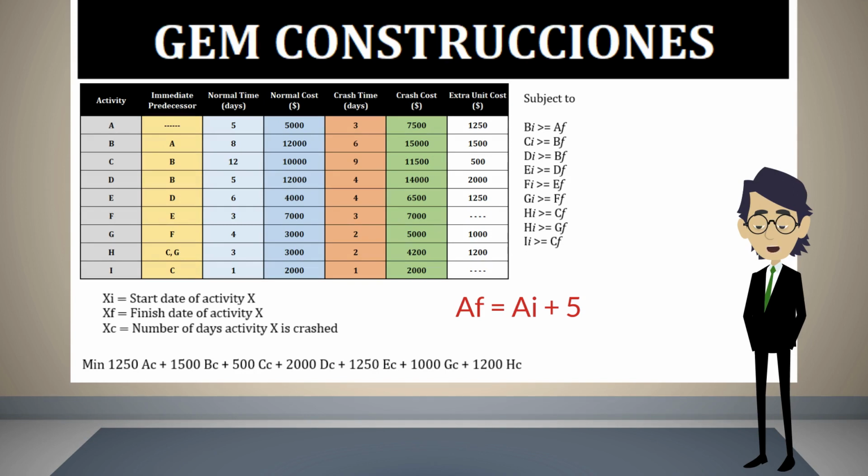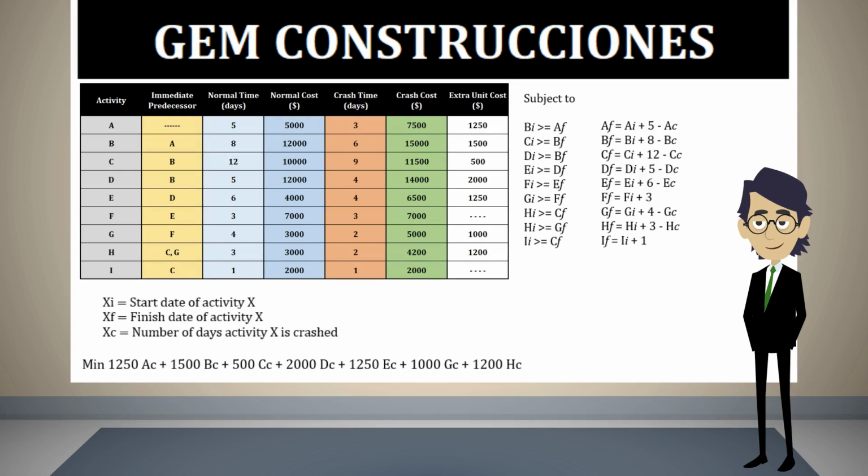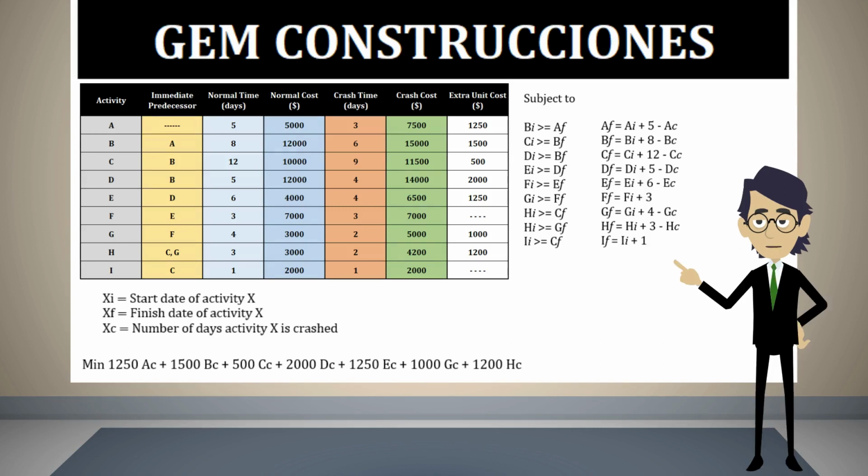But now we must subtract the crash time. Similarly, as we did for activity A, we must do the same for all the activities that can be crashed. Observe that for activities F and I, the crash time is not subtracted, since these activities cannot be crashed.